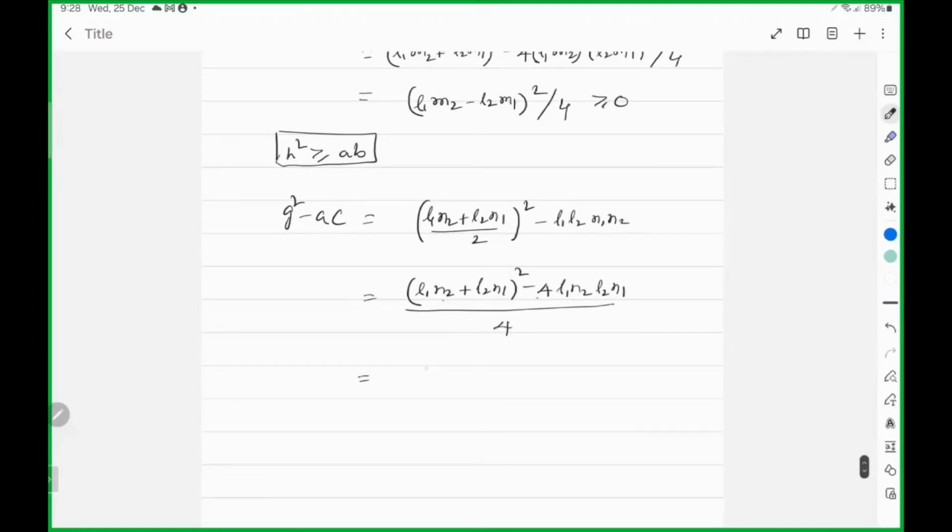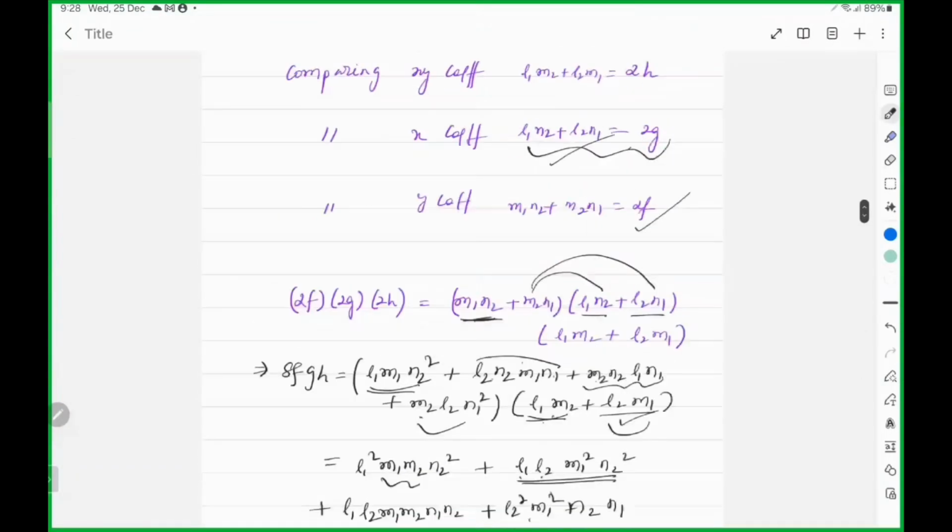That is (a + b)² − 4ab. So that is g² − ac is greater than or equal to 0. g² is greater than or equal to ac.